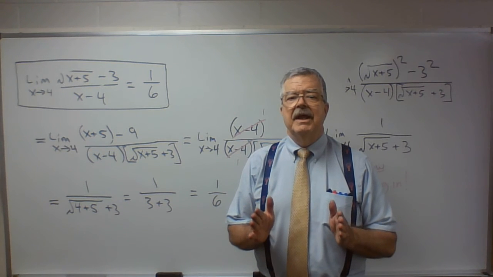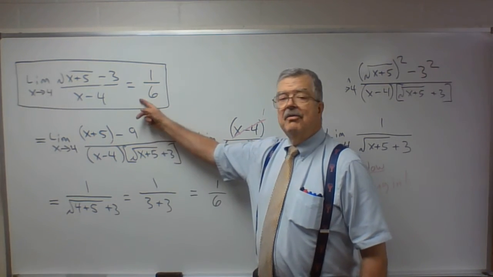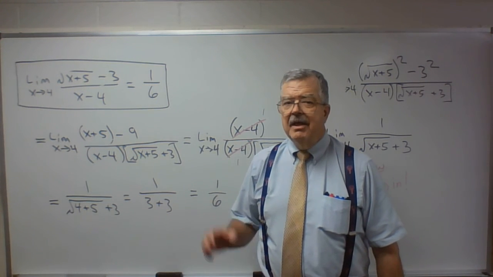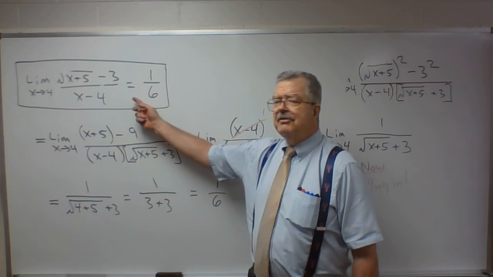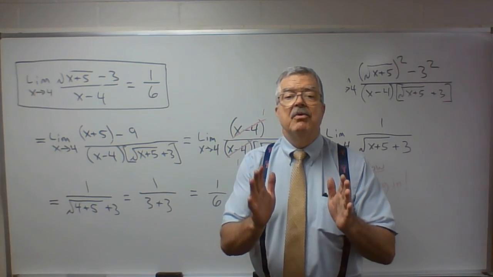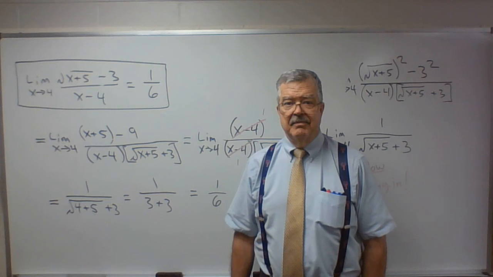This is how we get 100 on our tests. We know the different types of exercises that are going to be on the test, and we learn how to do each one. And for each exercise like this that we learn how to do, that's 10 points in the bank toward a 100 on our test.